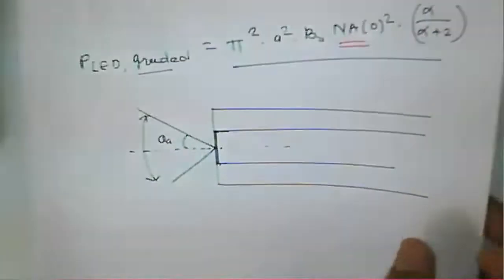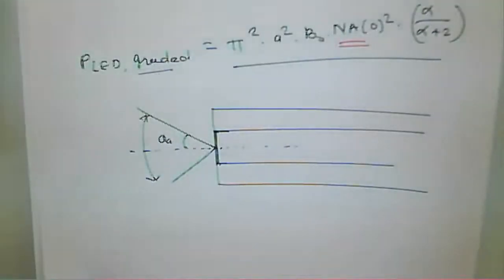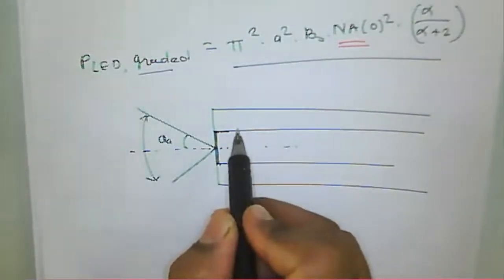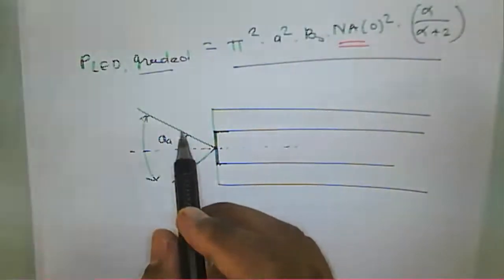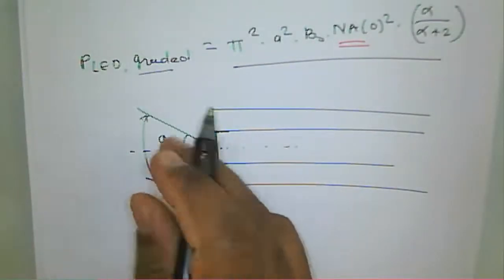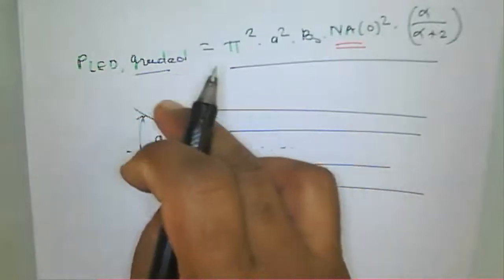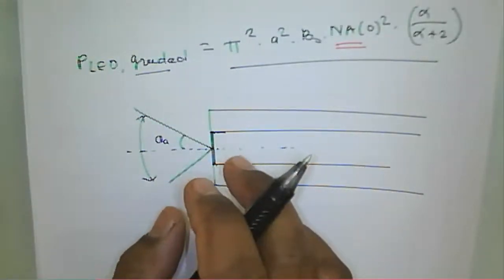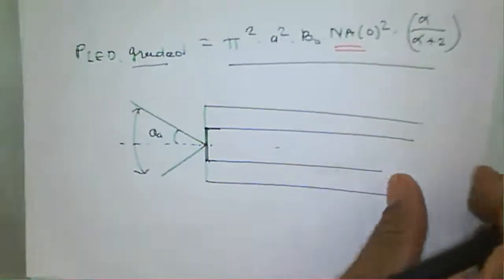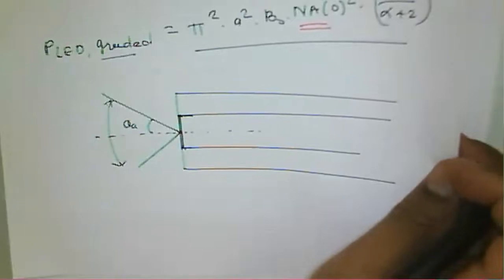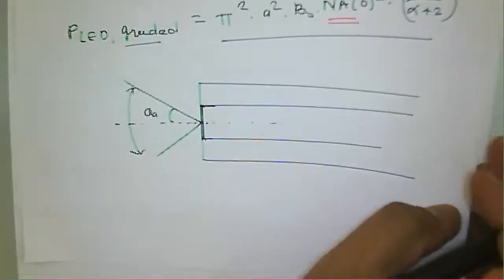Then we again say that between a source and a fiber there is a gap, so we should know the refractive index between the source and the fiber. That is important here. So that is about power launching inside the optical fiber.